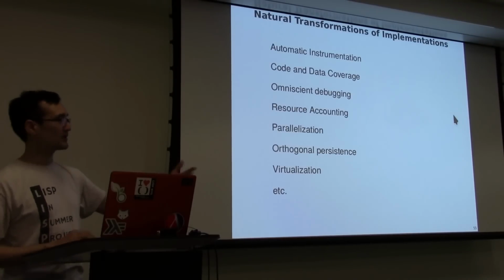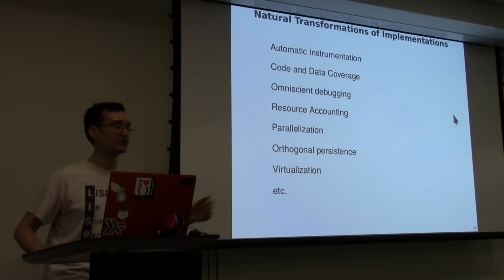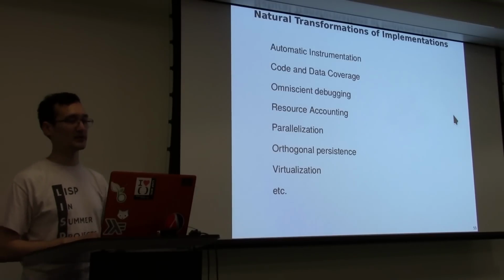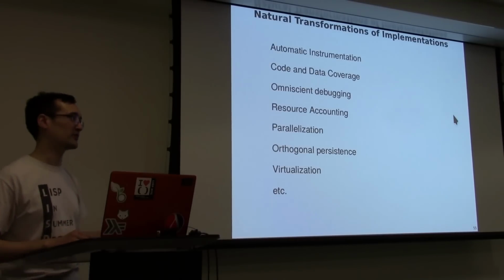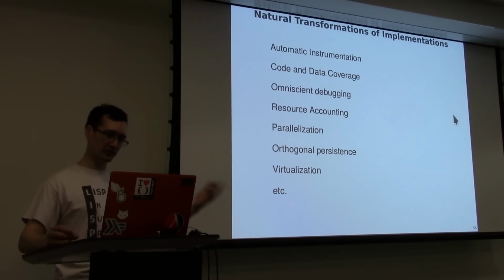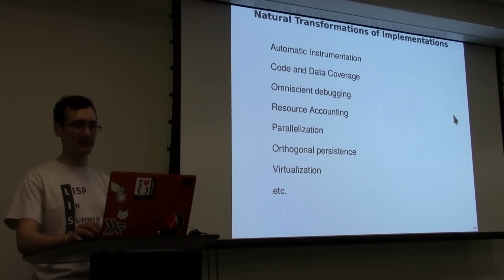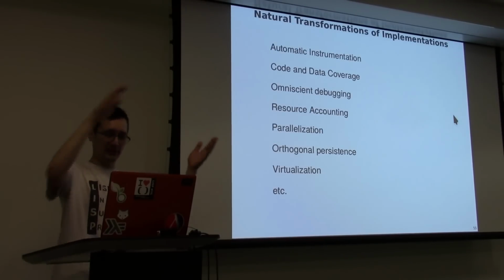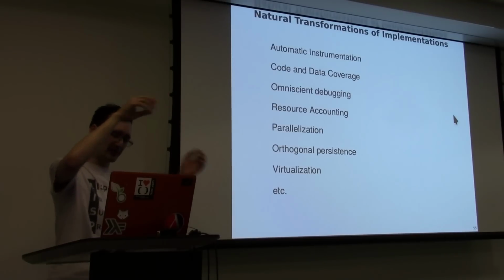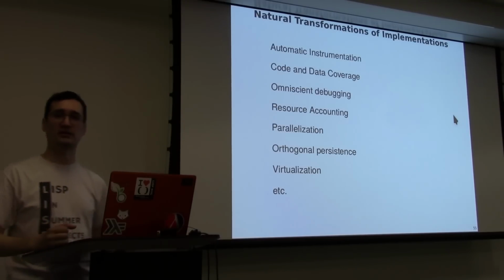So you can do just an automated instrumentation of your implementation to get time travel debugging. Or resource accounting or parallelization can be seen as a natural transformation of implementation. Or orthogonal persistence, virtualization. Plenty of things can be seen as transforming automatically an implementation into another one by means different than just composing it with something underneath.